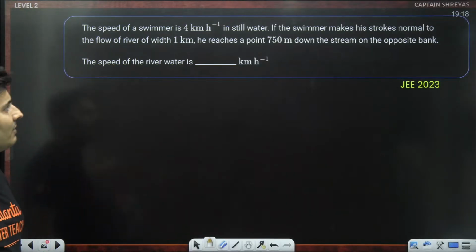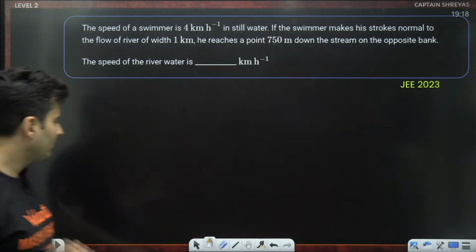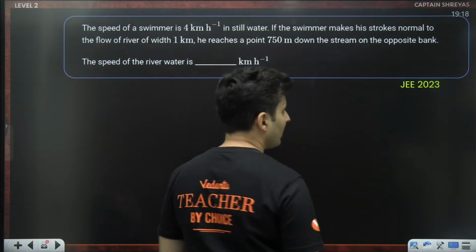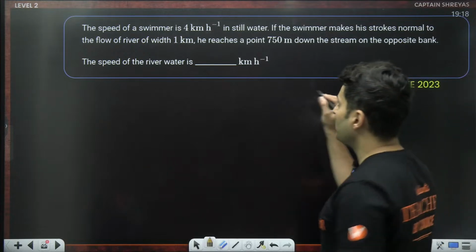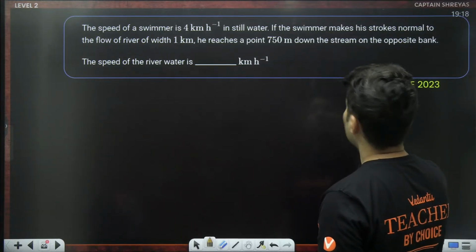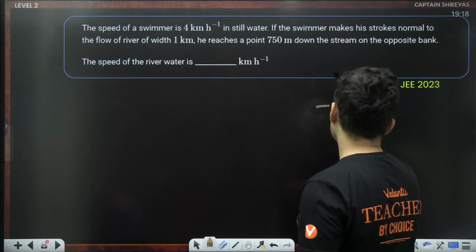What is it? The speed of the swimmer is given. The swimmer makes his strokes normal to the flow of the river. He reaches a point 750 meters down the stream. The speed of the river water is how much? Let's draw and think how it will look like.